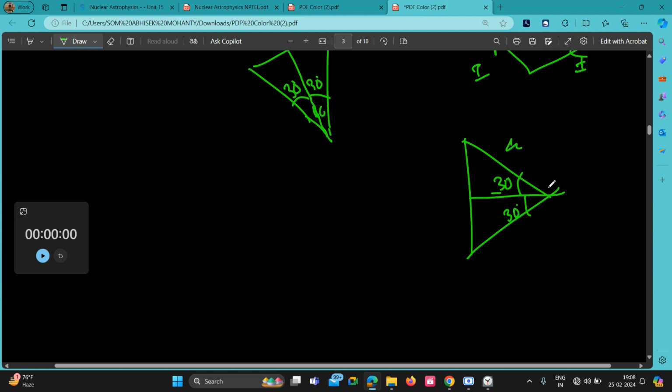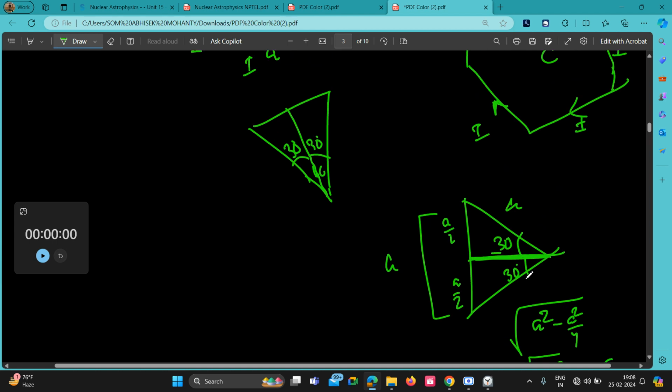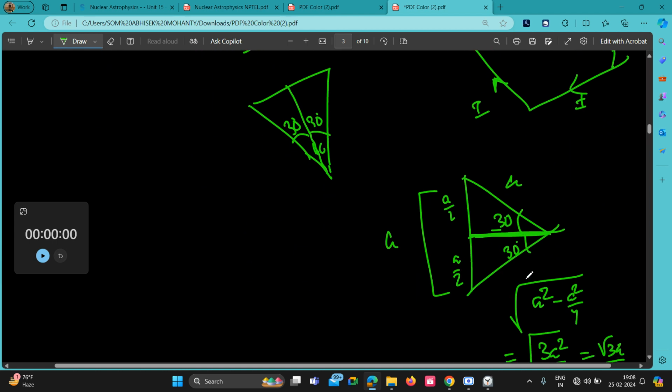And if this whole thing is a, this is a by 2, this is a by 2. This one will be the root of a square minus a square by 4, which is root of 3a square by 4, root 3a by 2. So this distance is actually root 3a by 2. This is what we want.